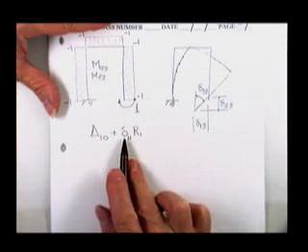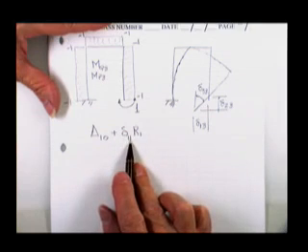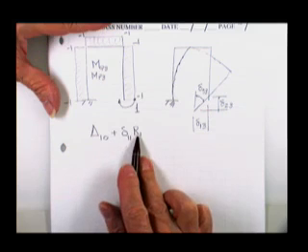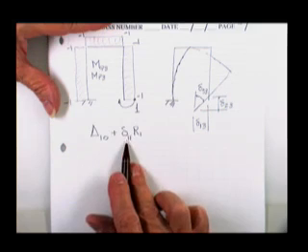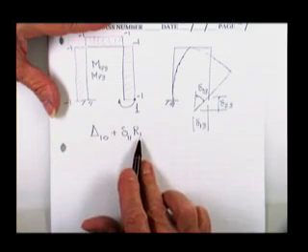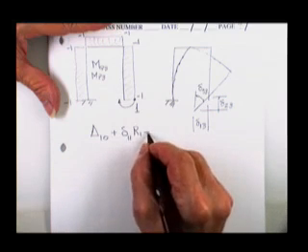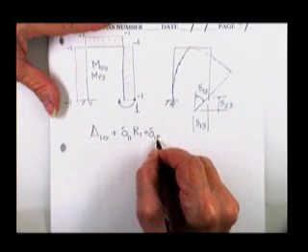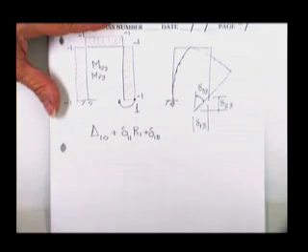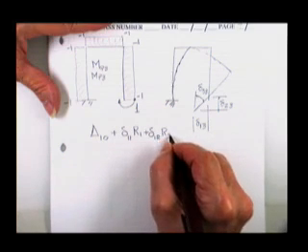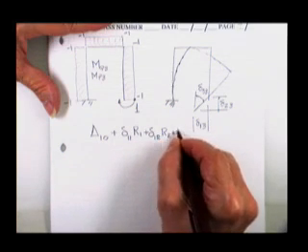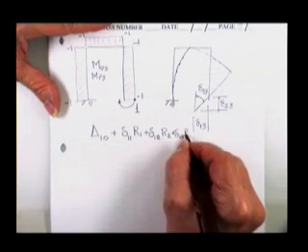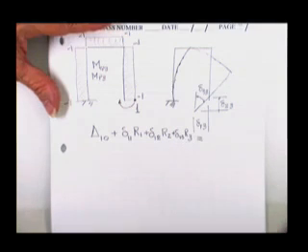In other words, this is delta 1,1 due to a unit load multiplied times R1, which will give me the total deflection in the number 1 direction because of this guy, plus the deflection in the number 1 direction because somebody's tinkering in the number 2 direction, R2, plus delta 1,3 R3. That should turn out how big?